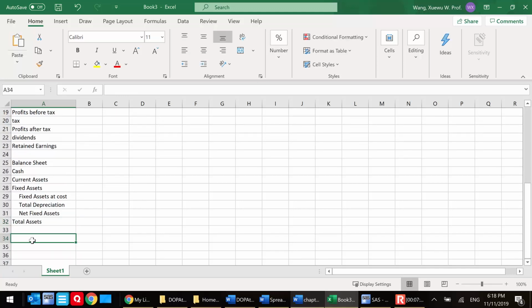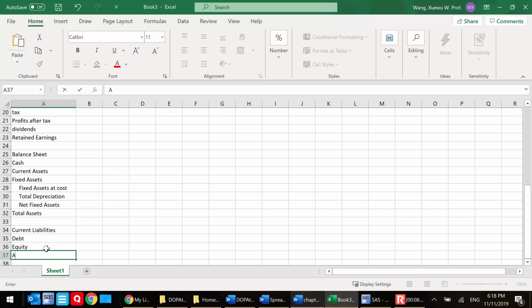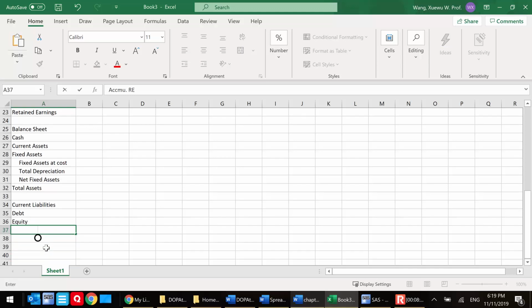Again, this is a simplified company, so the balance sheet is very straightforward. Now let's look at the current liabilities, or the liability plus equity side. Current liabilities, and then you have the debt, the equity, the accumulated retained earnings, and then total liability plus equity.